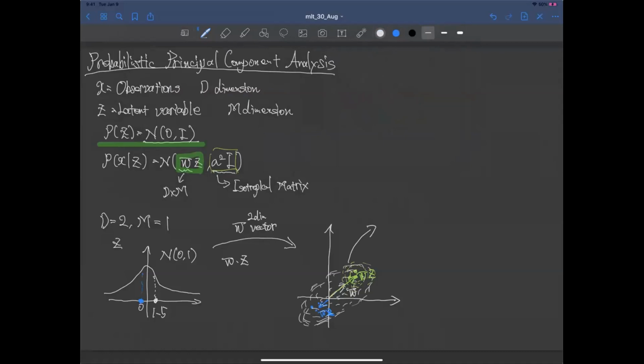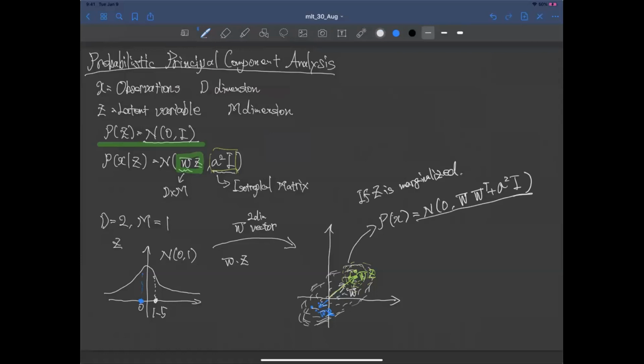As a result, if Z is marginalized, then the distribution of X will be a multivariate Gaussian distribution.